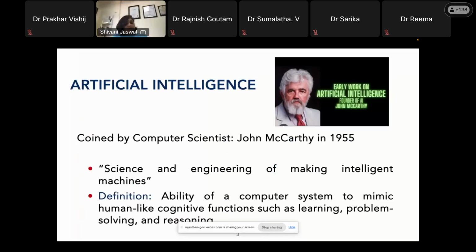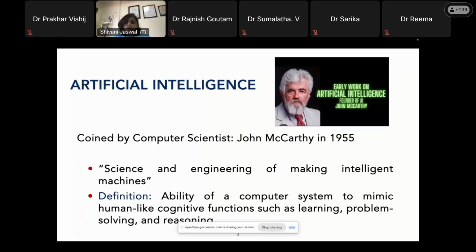So just the basics about what artificial intelligence is, so that we all can understand the foundational concepts of these terms. The term artificial intelligence was coined by computer scientist John McCarthy in the year 1955. AI is basically trying to simulate with a computer something that would match or even exceed human intelligence.